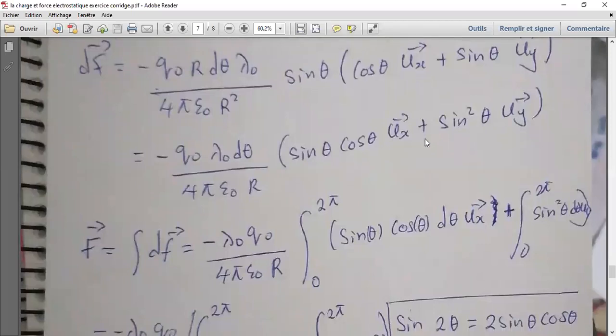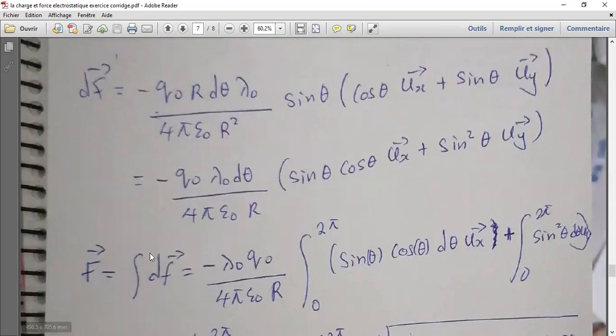Now that's where the integration comes in. For me to find the actual force, I have to integrate the differential dF.